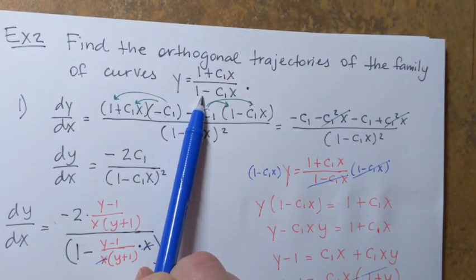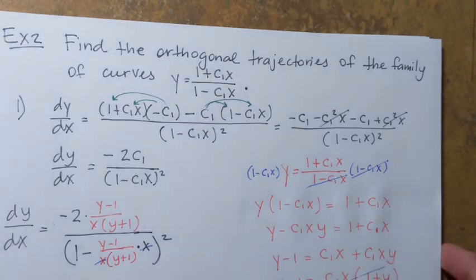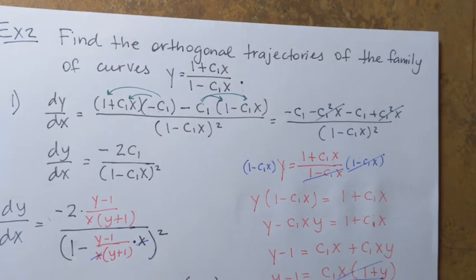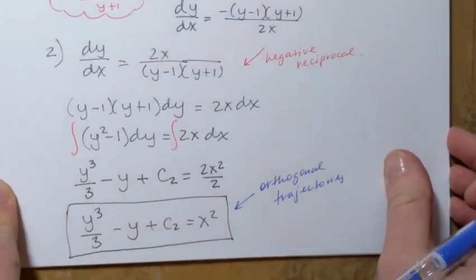As you check those curves, you'll find that they're orthogonal. In other words, their tangent lines at the point of intersection of those two curves are perpendicular lines. So that's the answer here.